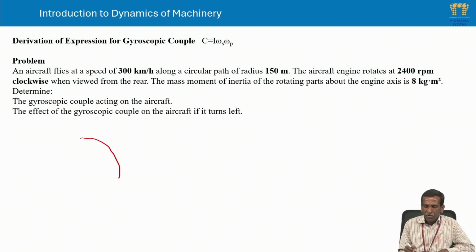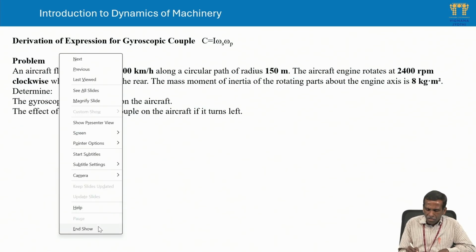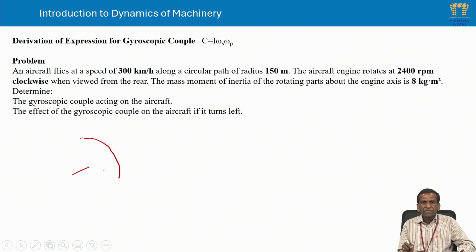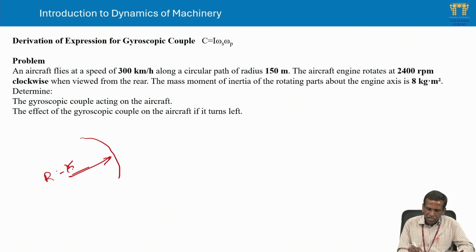The radius of the circular path is 150 meters. Let us say R is 150 meters.